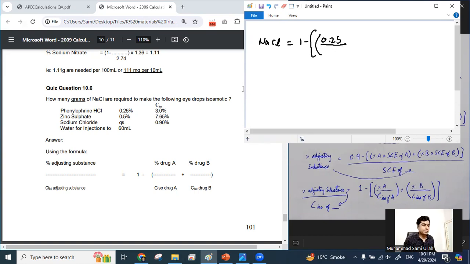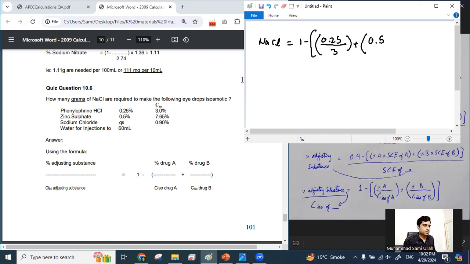Now this time divided by CISO value 3 plus, and then this second drug zinc sulfate 0.5. The values are already in percent. If they are given the values in percent, it's okay.